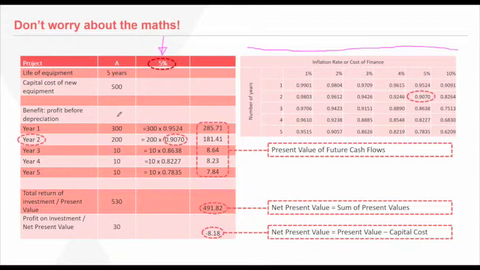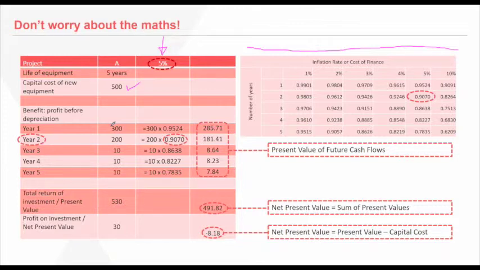And what we would do is we would say in year one. Now remember, we're in year naught. So we stand, let's say, on the 1st of January 2017, and we buy our new pieces of equipment for £500. Year one means we are no longer on the 1st of January 2017. We've jumped forward a year. We're on the 1st of January 2018.